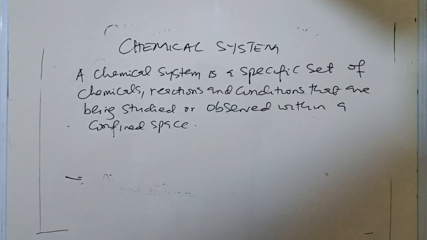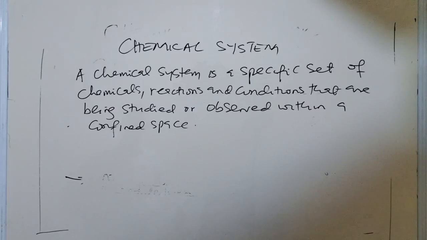A chemical system, as you have it on the board, is a specific set of chemicals, reactions or conditions that are being studied or observed in a confined space. For instance, a single chemical in a container, or a gas in a cylinder, makes up a chemical system, even though no reaction is taking place there.